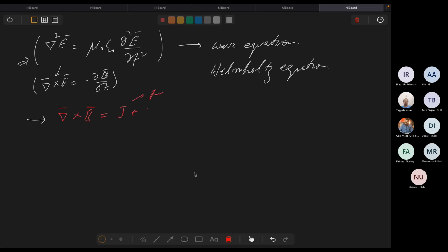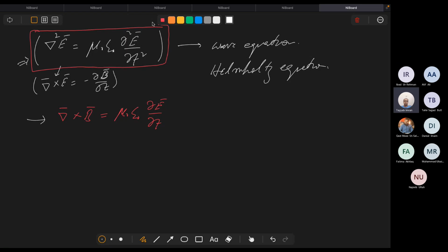So here, curl of E is the equation, another equation. We have this equation.